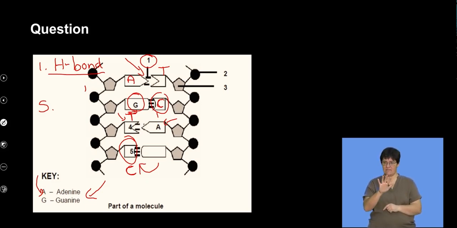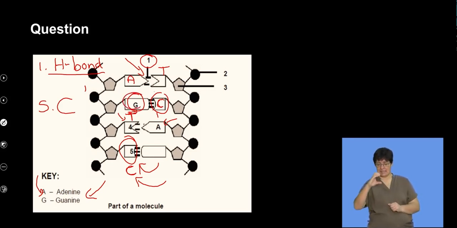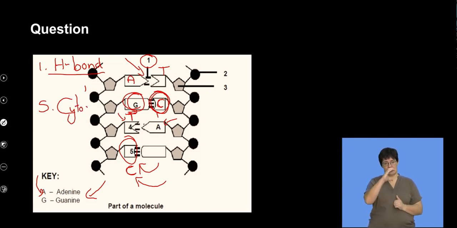Yes, number 5 is a nitrogenous base, but I think the question wants us to be very specific about the type of nitrogenous base. Using our inference that guanine and cytosine base pair, and looking at that shape, we can infer that number 5 refers to cytosine as the nitrogenous base.